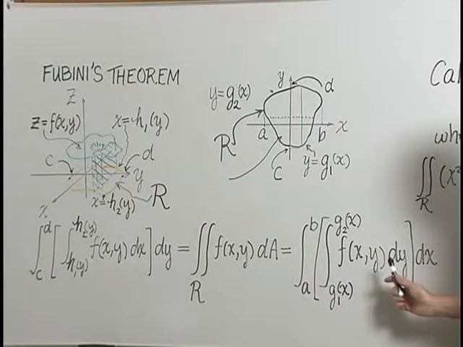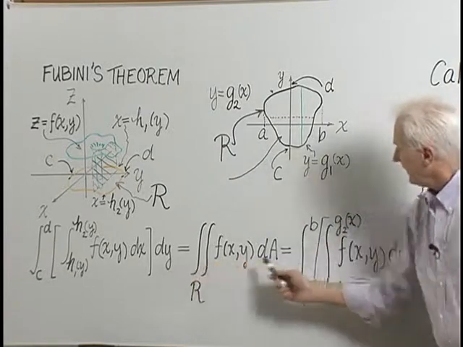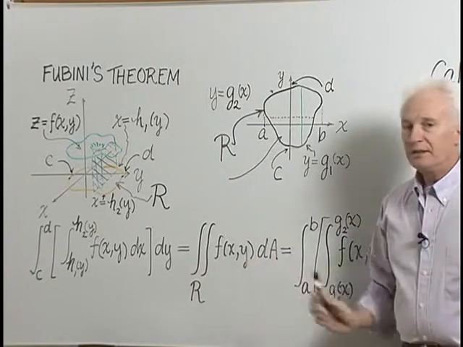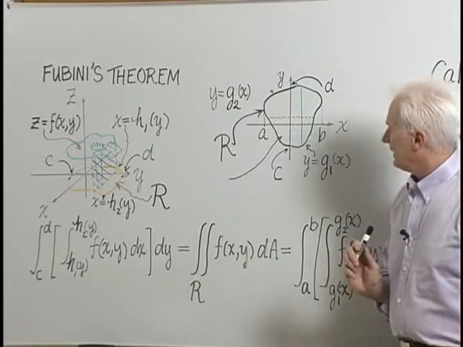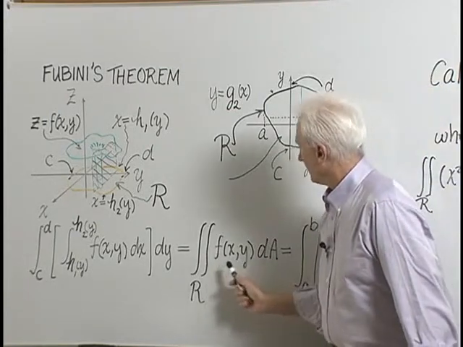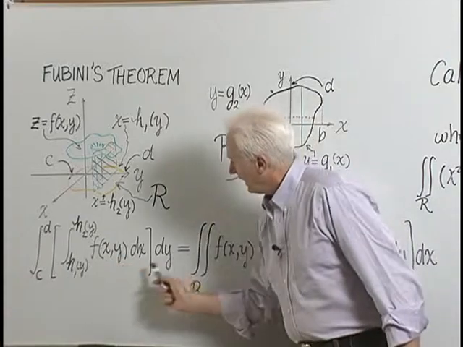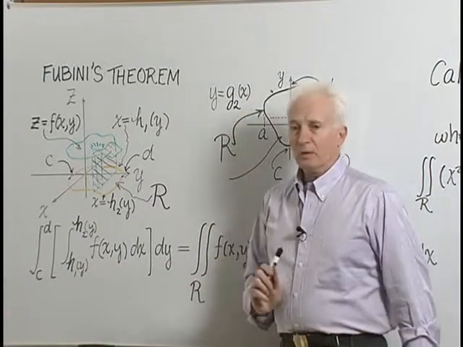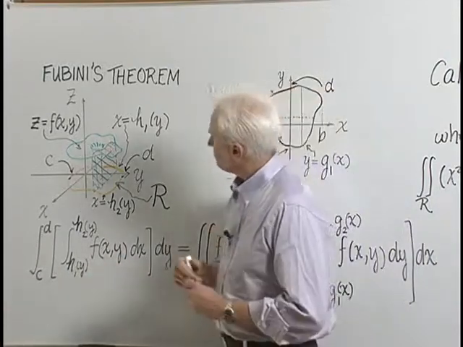And Frobenius theorem tells us in particular that either of these ways gives us the double integral, and it also tells us in particular that the double integral does break down as an iterated integral. So let's look at the picture.